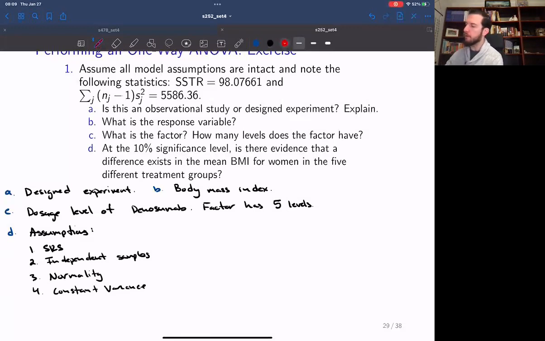This is a designed experiment where the patients are being randomly allocated to the different treatment groups. So therefore, the SRS and the independent samples assumption are both going to be checked off because of the way that the patients are being randomly allocated to the treatment groups.